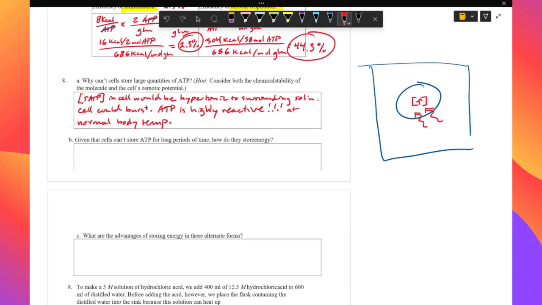All right, given that cells can't store ATP for long periods of time, how do they store energy? The simple answer is that instead of storing ATP, cells tend to store energy as other, more complex molecules such as fats, oils, and starches.